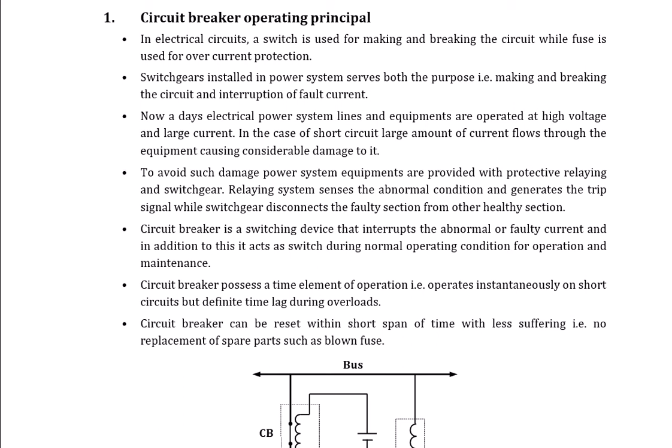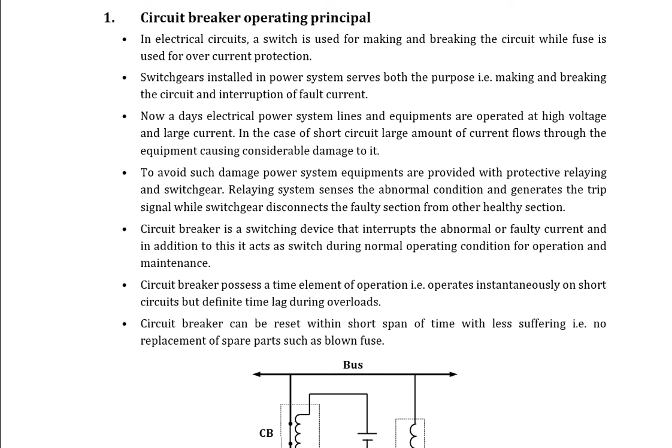A circuit breaker is a switching device that interrupts the abnormal or faulty current, and in addition to this, it acts as a switch during normal operating conditions for operation and maintenance.